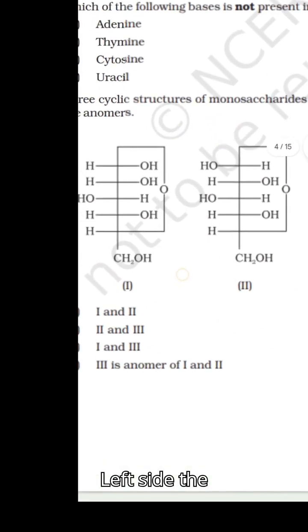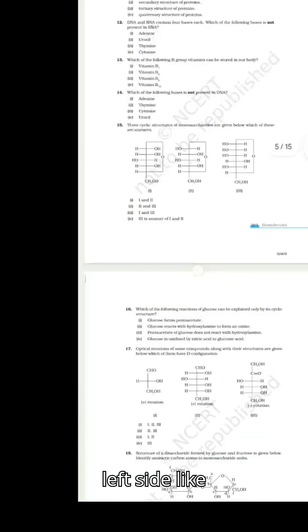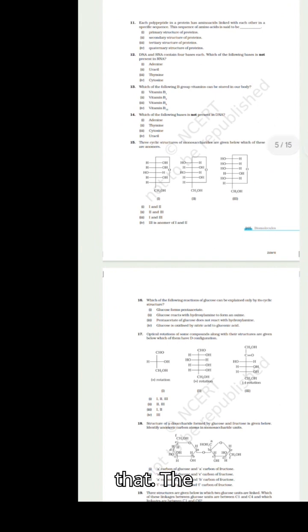They differ in the C2 position. Observe this: here the hydroxyl group is on the right side and here it is on the left side. The molecules which differ particularly at the C1 and C2 positions are called anomers.